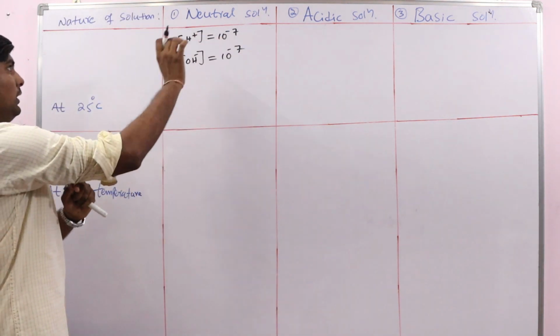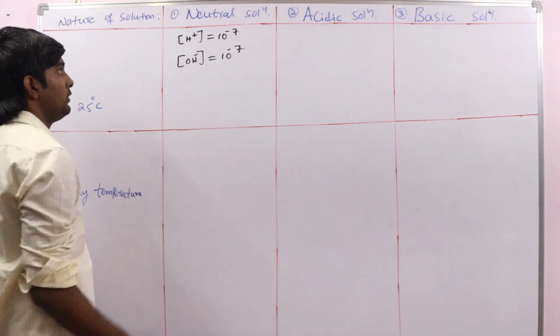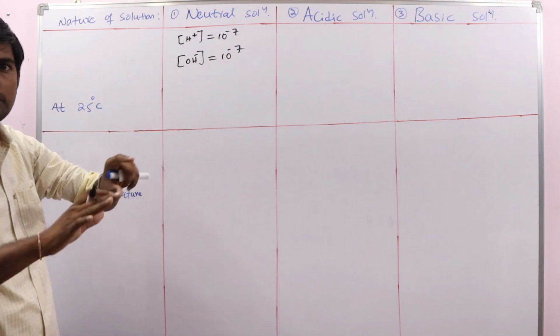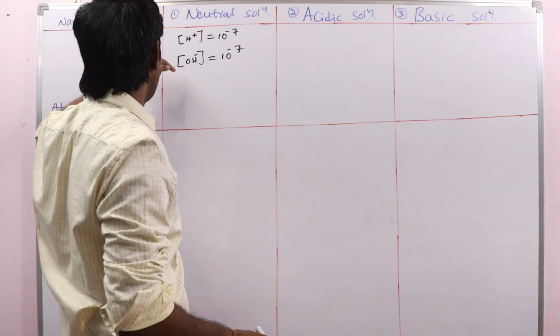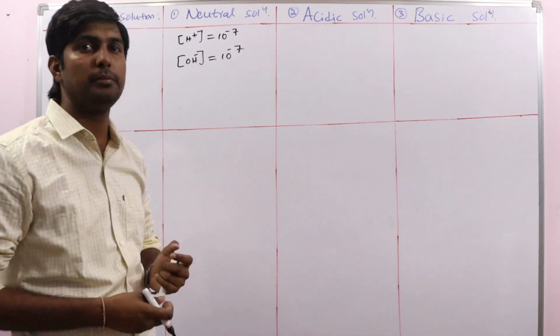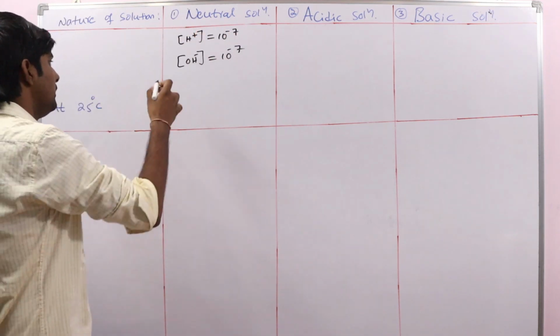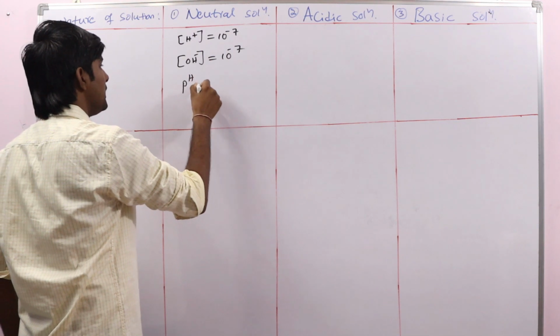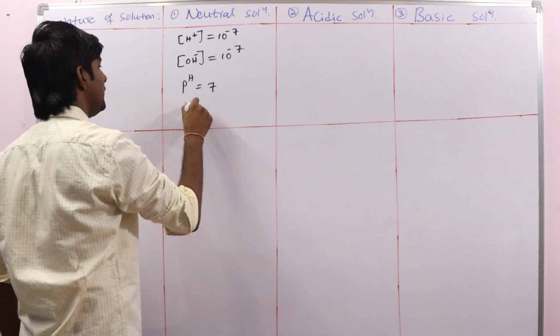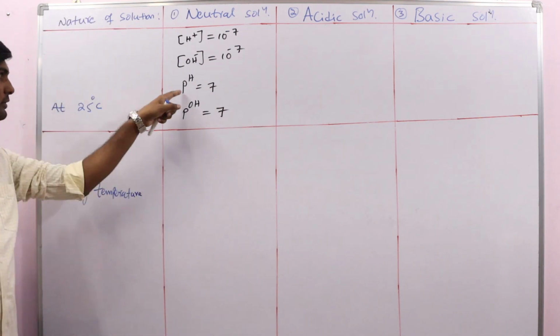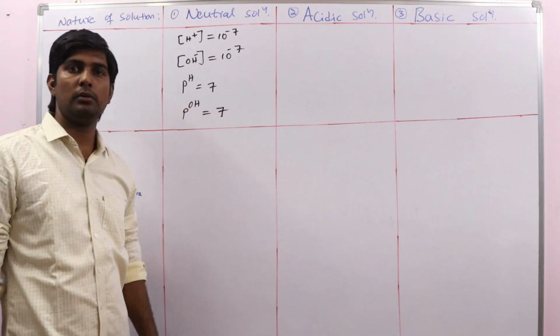So the concentration of H plus ions equals the concentration of OH minus ions in the neutral solution. So pH is equal to 7, pOH is also equal to 7. Yes or no?